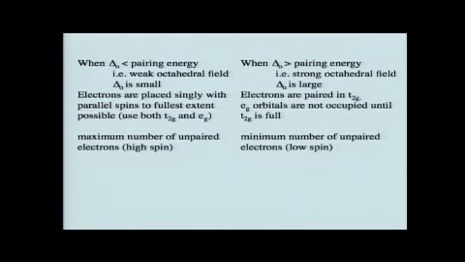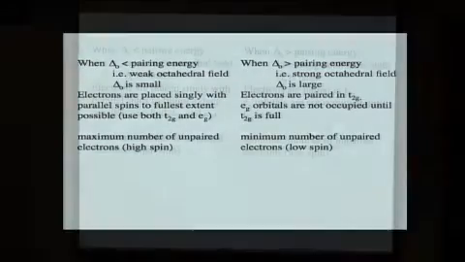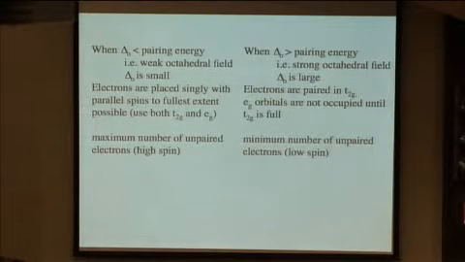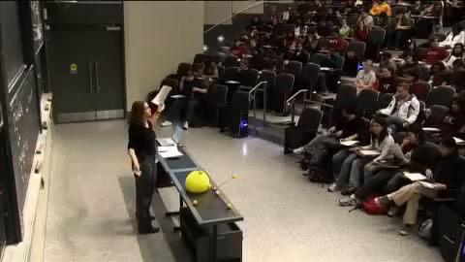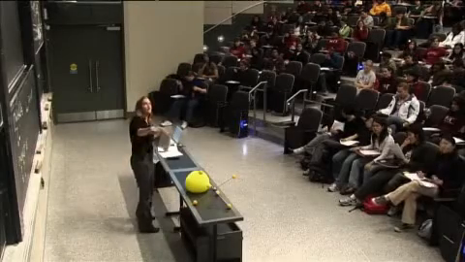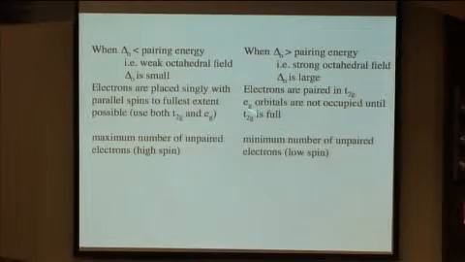So electrons are placed singly with spins parallel to the fullest extent in all the sets of orbitals. In this other case, with a strong field, the pairing energy is smaller than the splitting energy. Strong field, you have a big splitting energy. And so in that case, you're going to put all your electrons in and pair them up in t2g, and don't put any electrons in the eg sets of orbitals until you've completely filled your t2g set.